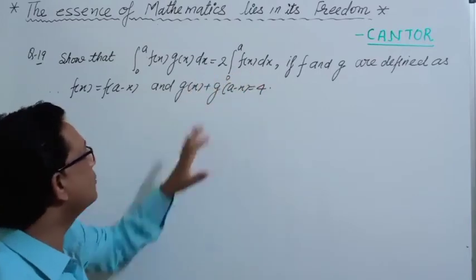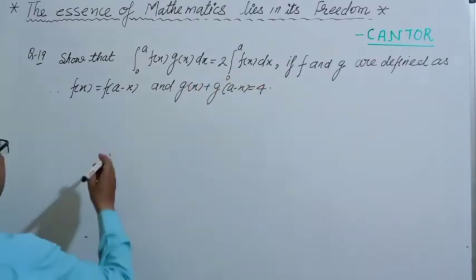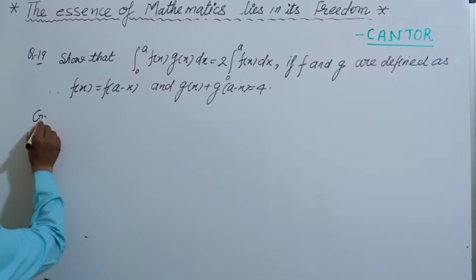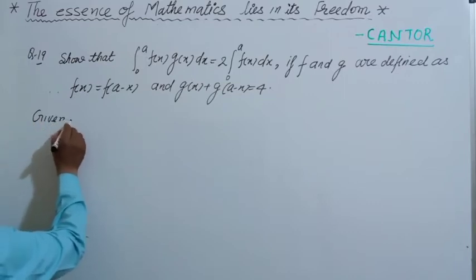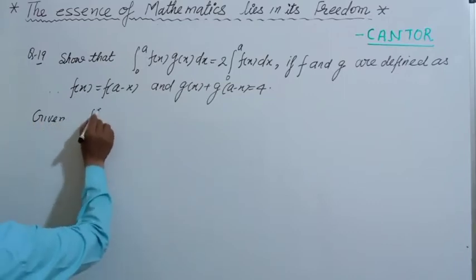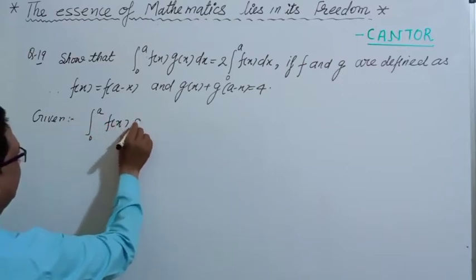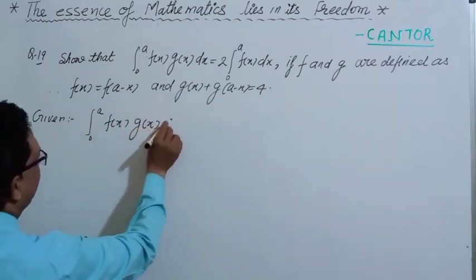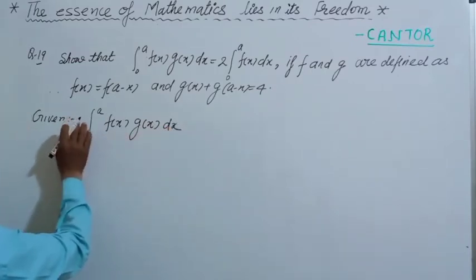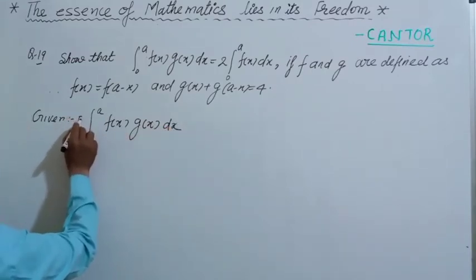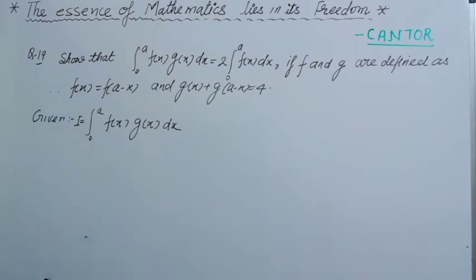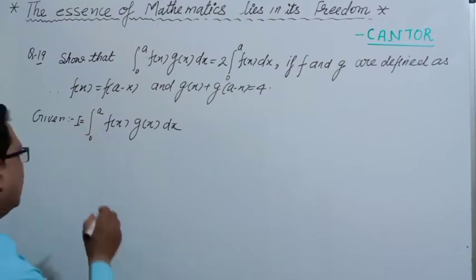Okay, now let's write the question. Here we are given the integral from 0 to a of f(x) g(x), this is our given integral. Now here we clearly see that the property of 0 to a is applied. What is our property?